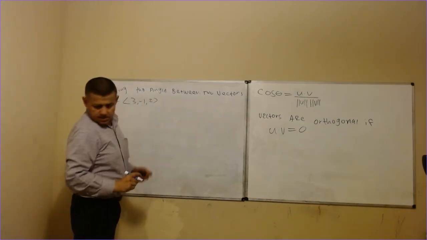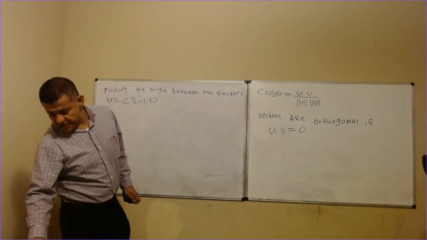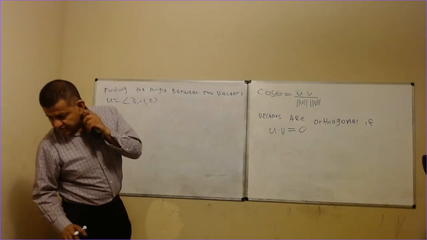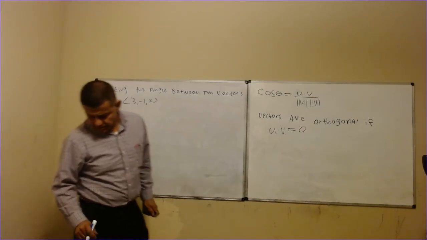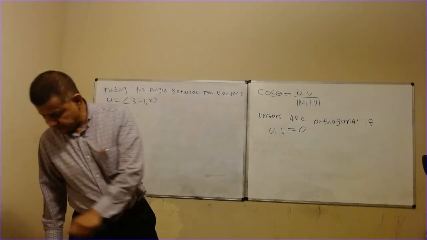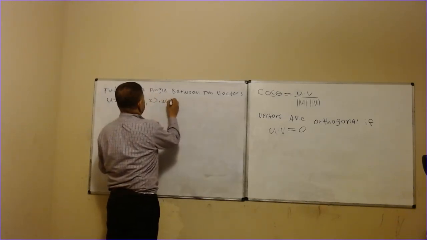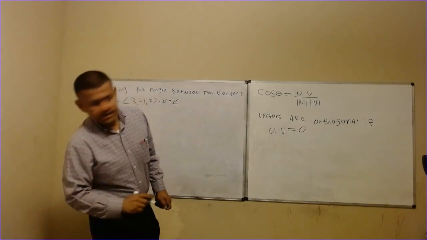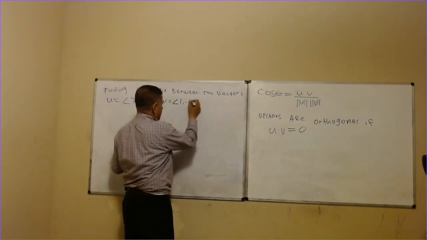And then vector w equal to 1, 1, comma, 1, negative 1.